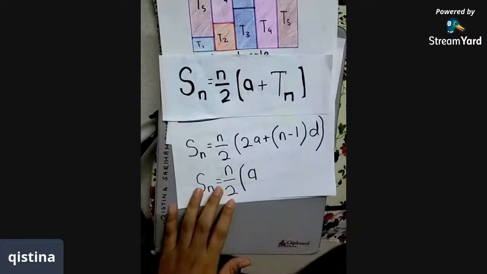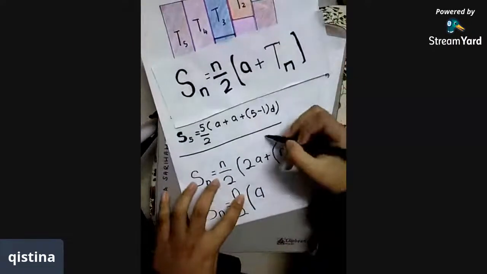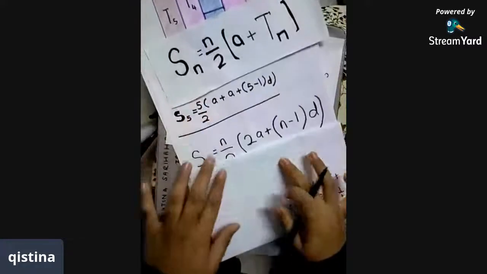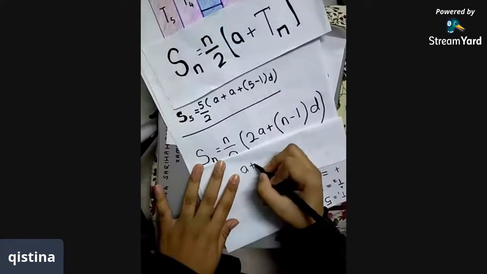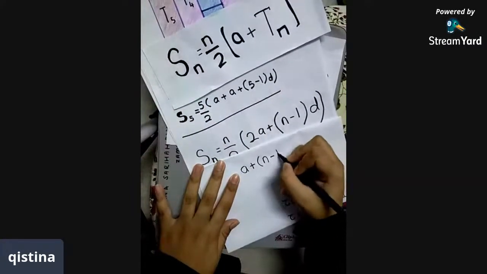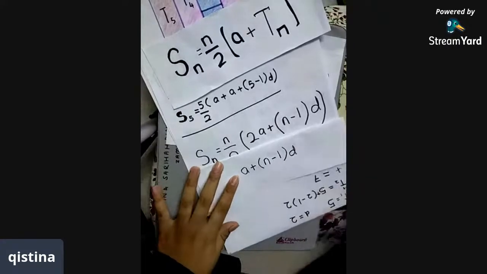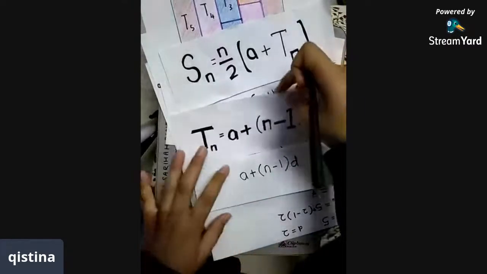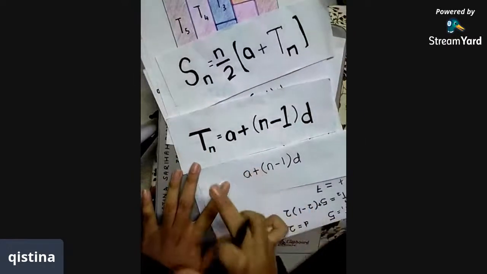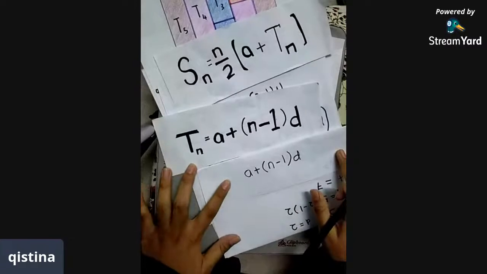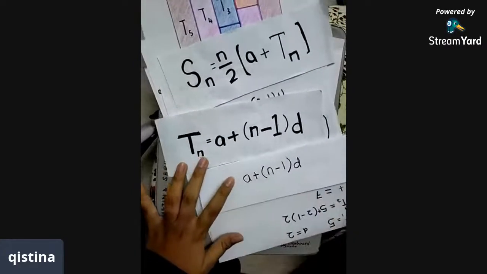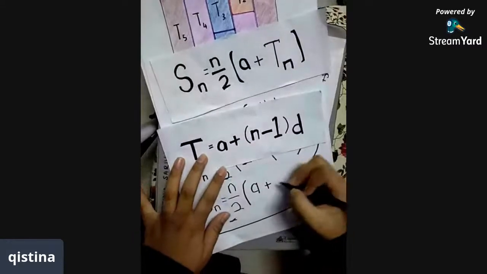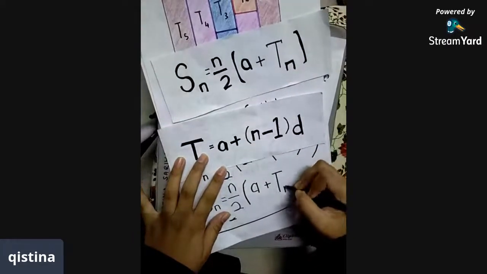And the one that is left is a plus n minus 1 d. As we can see here, and try to compare it with the formula of Tn, the nth term, it was the same, right? So here it will go as Tn.